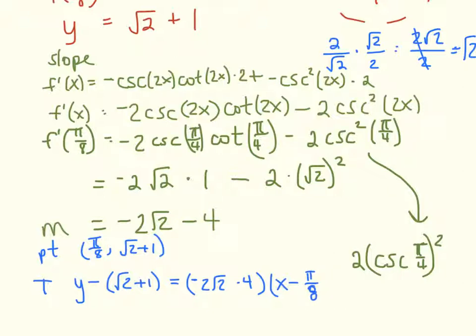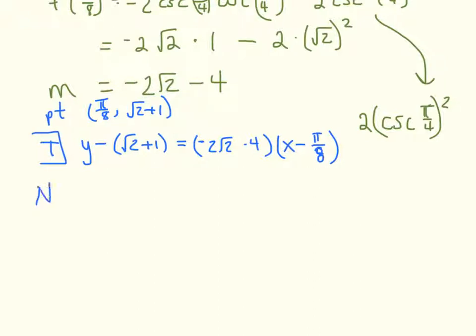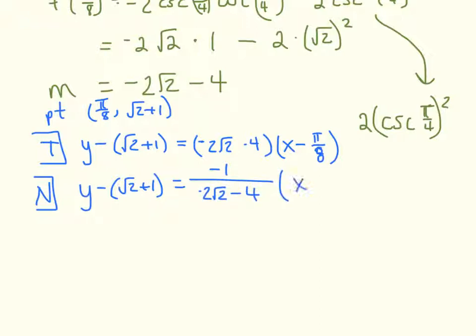So that is the equation of my tangent. And finally the equation of my normal. Same thing, except you're going to do the negative reciprocal for the slope. So y minus radical 2 plus 1, again in parentheses, is equal to negative 1 over negative 2 root 2 minus 4 times x minus pi over 8.